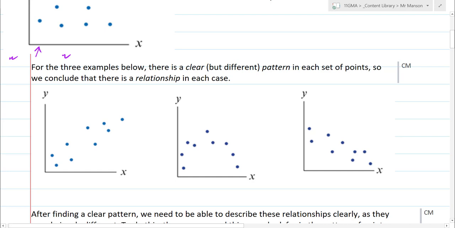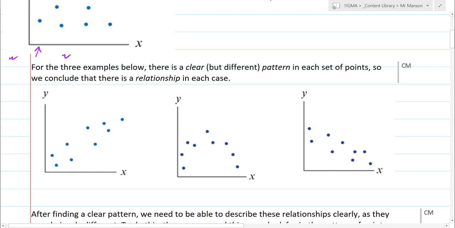If I increase the value of X, generally speaking, Y will probably increase as well. I can see that that's got a line of best fit that sort of follows like a positive linear function. And you'll need to recall your work on linear functions for this topic. C, the third one, has a clear negative correlation. As X increases, Y decreases.